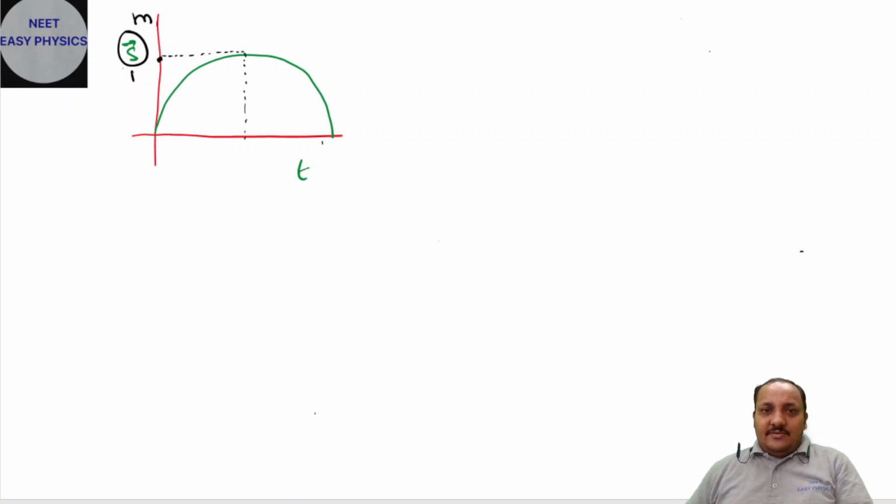They gave this value 10 meters. This value they have not given. Let us assume they will ask: what is the initial velocity of the vertically projected body on the ground?